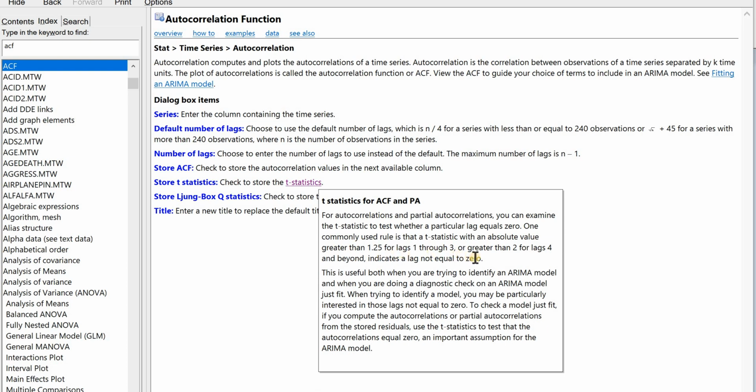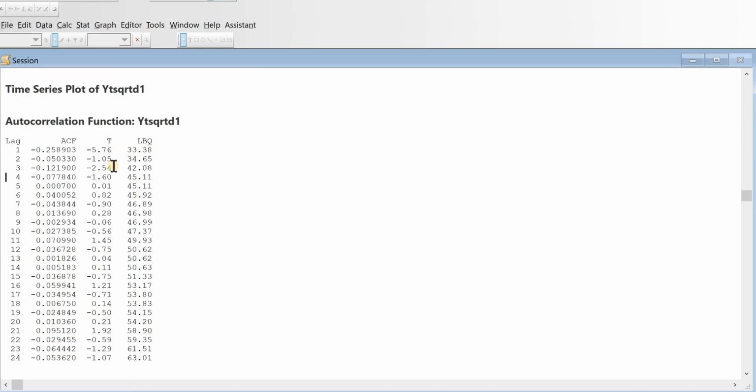For lags greater than 3, meaning starting from 4, if the T value is greater than 2, it is significant. So here we said that not equal to 0 means that it is significant. Here we can say that the first 3 lags are significant for ACF.